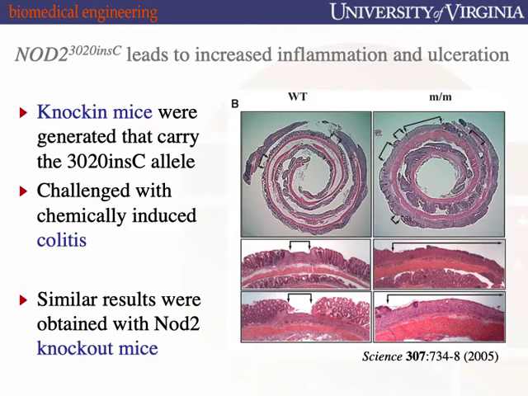What really did it for NOD2 being associated with and a driver of Crohn's disease was a number of studies that were then published in 2005 in the journal Science. What this one group did was first knock in this mutant allele, this 3020insC allele.